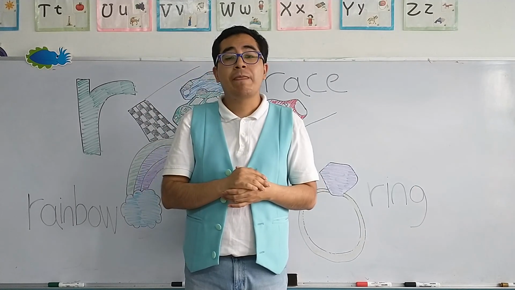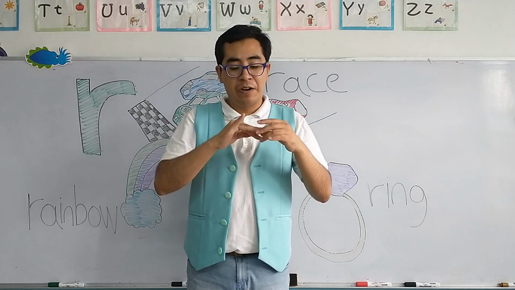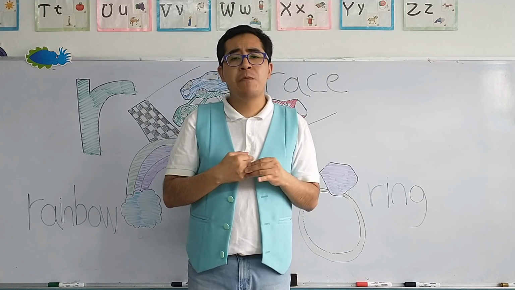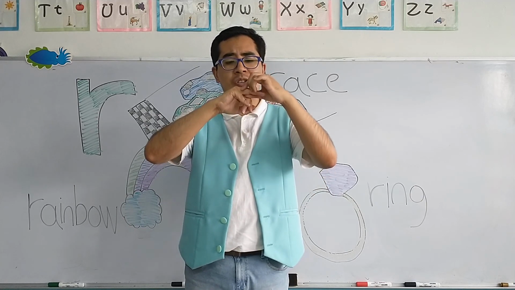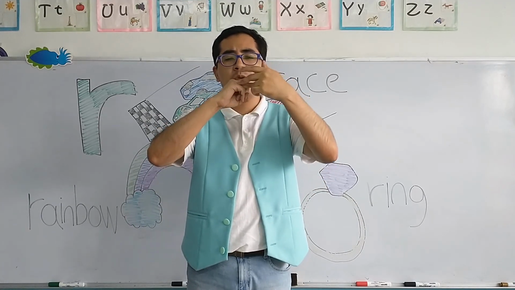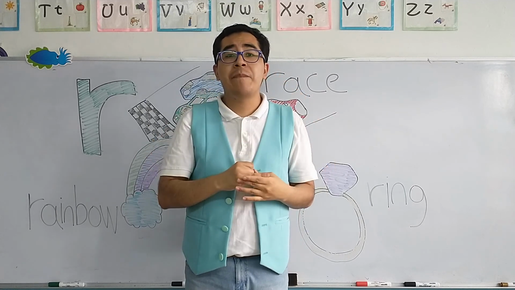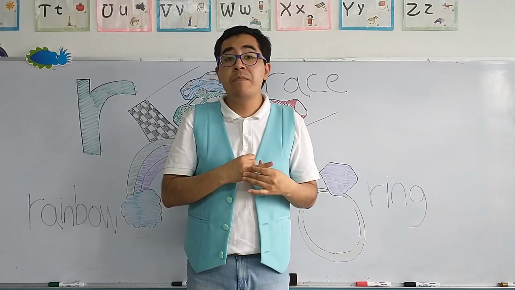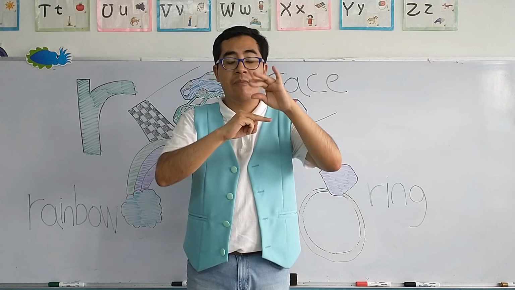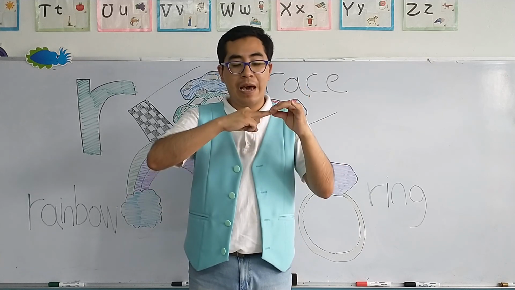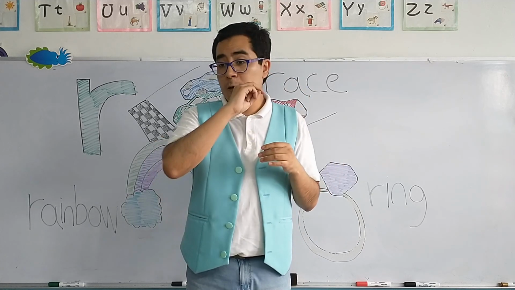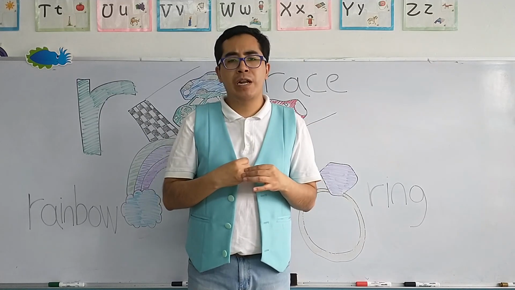las mujeres. Okay, so the rings have different forms. Some of them have just a circular form, or some of them can have even diamonds on them. Okay, now remember the diamond, it's like a rhombus. Recuerden, chicos, que los diamantes pues tienen varias formas.